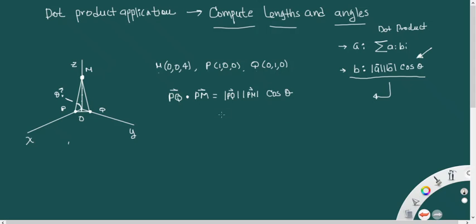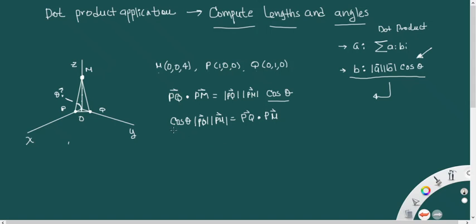Okay, if we solve for the cosine of theta, doing a little bit of algebra, let's move this expression to the left. So this will be the cosine theta times the modulus or length of PQ times the modulus or length of PM equals the dot product of PQ, PM.